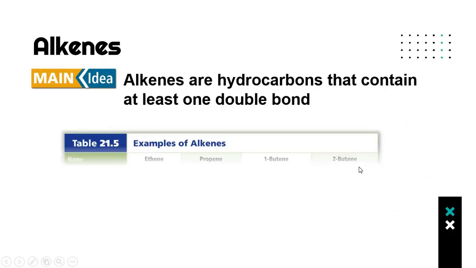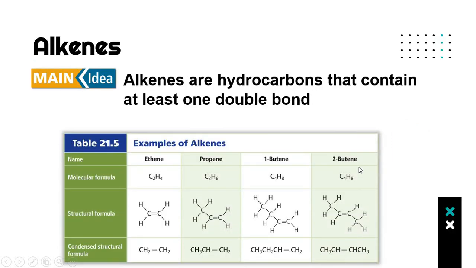For alkenes, the main idea is that alkenes are hydrocarbons that contain at least one double bond. So if it now has a double bond, at least one, it's now an alkene. Okay, so these are some examples of alkenes. Can we have an alkene with only one carbon? What do you think? Can we make a double bond with carbon?